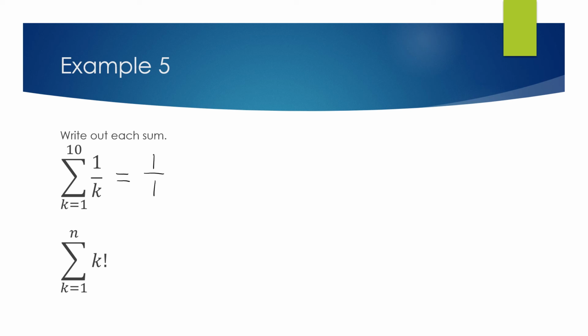Since we have the summation, that means we're going to add to it the next term, which is 1 over 2 plus 1 over 3. We will continue in the same fashion. So I put the plus sign, then a set of ellipses, plus, and then 1 over 10. The only thing that I would change now is go back and rewrite 1 over 1 as 1.